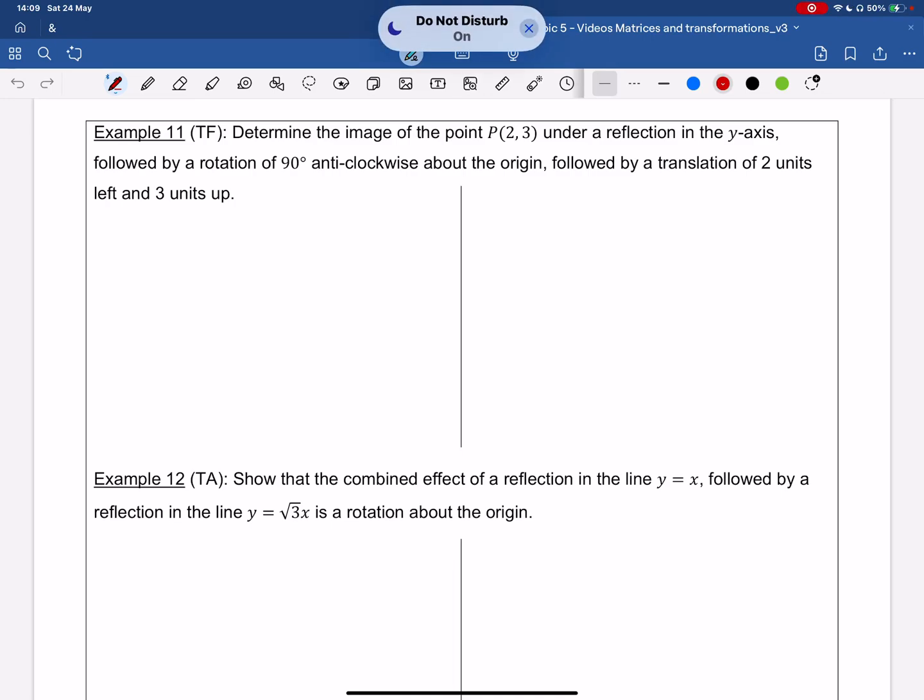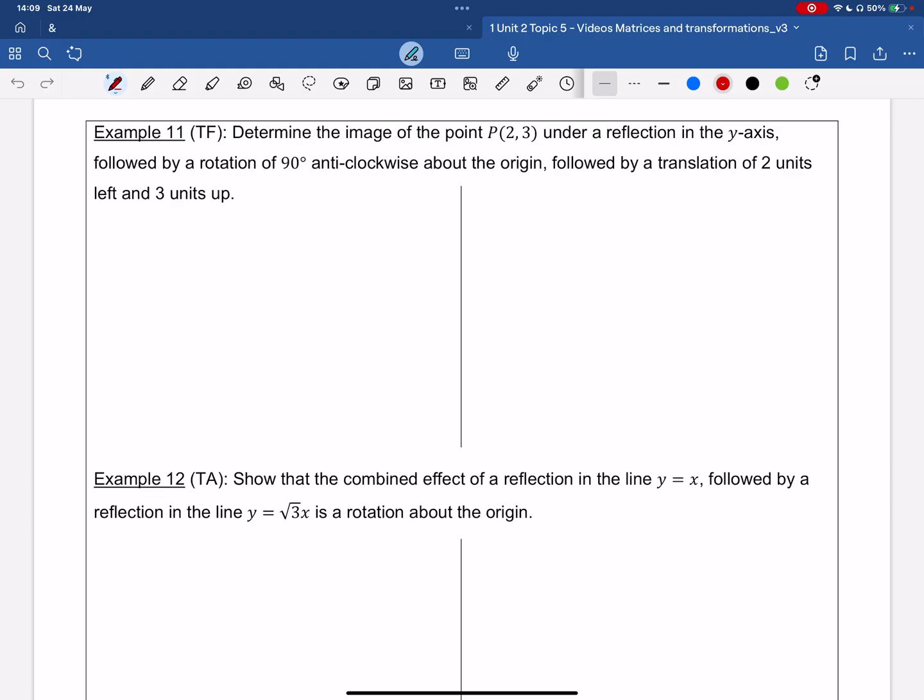Right, now we're going to combine some of our transformations. The important thing to remember is that with matrix multiplication, order is important, and we're going to work from the last transformation that occurs back through to the first one.